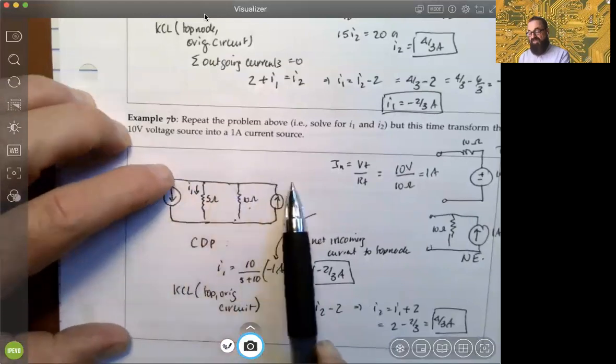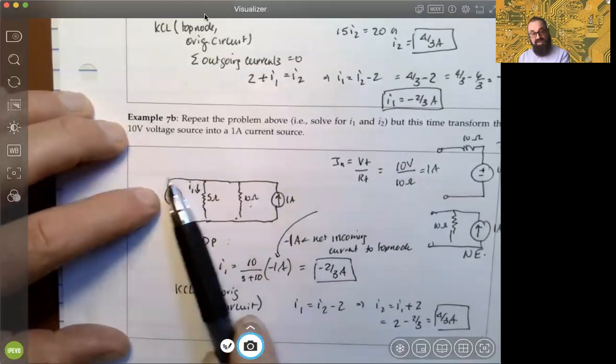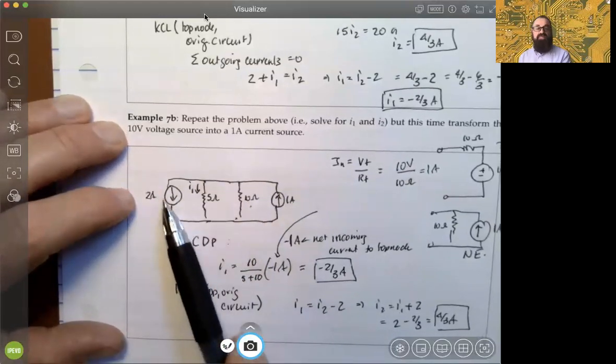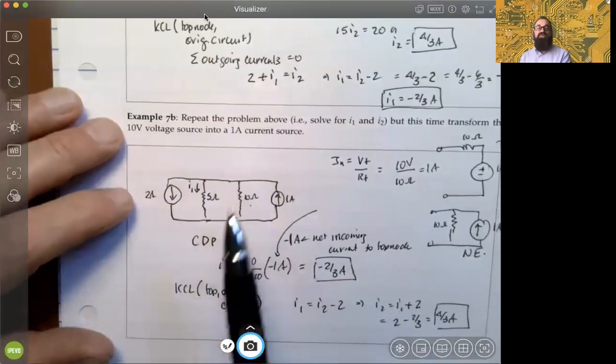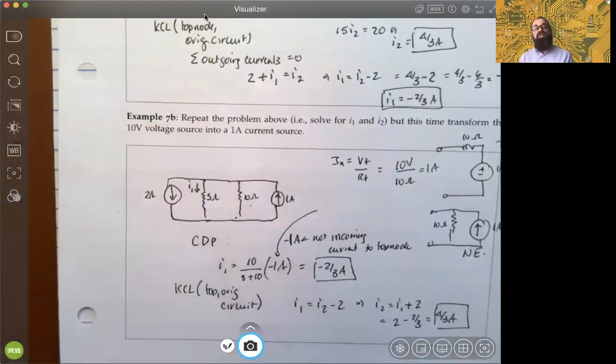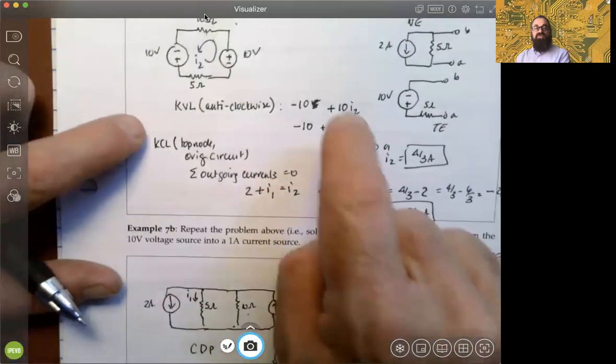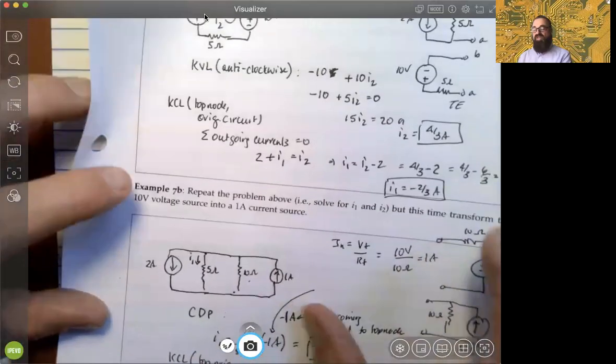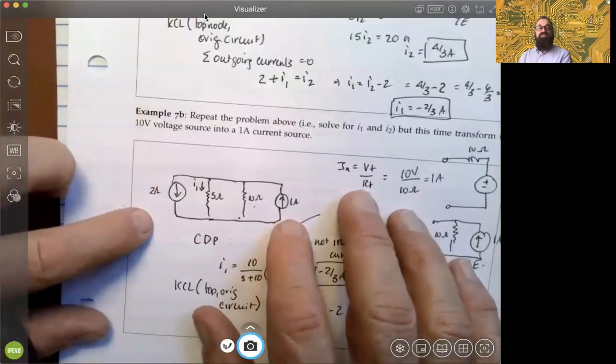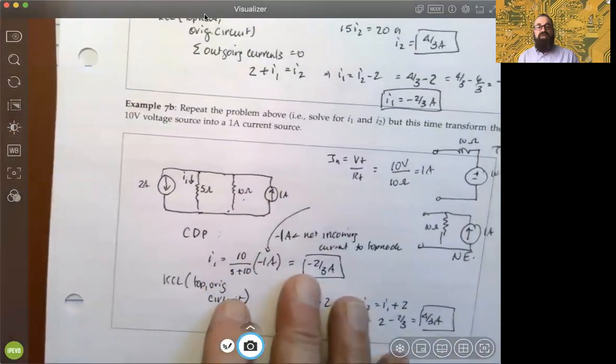If we wanted to represent this as an incoming, we'd have to change the sign, and then we'd have -2 amps coming in and a +1 amp coming there. We have to represent the differential in that, okay? So that just shows you that you can do source transformation to either keep voltages the same, or keep your sources as current sources, either way, okay?